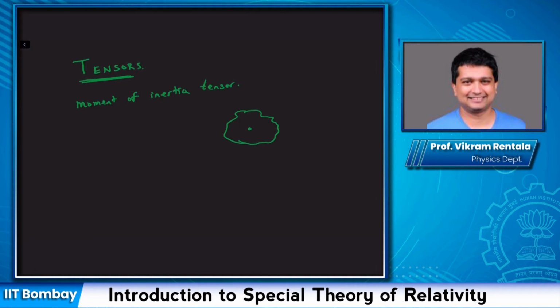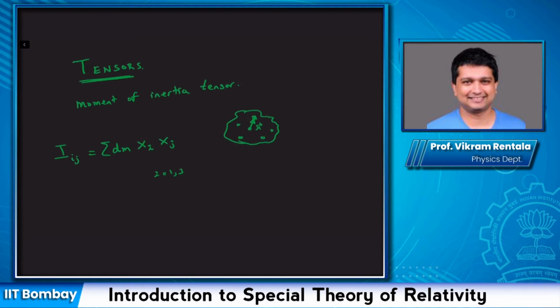Then the way we define the moment of inertia is we take a small mass element which is located at some vector x bar, and we sum over each mass element by weighting it by, let's say, its x position in the ith direction, so i goes from 1 to 3, and its x position in the j direction. And this quantity is what we define as the moment of inertia tensor after we sum over all these little mass elements.